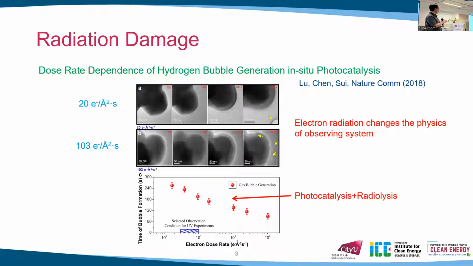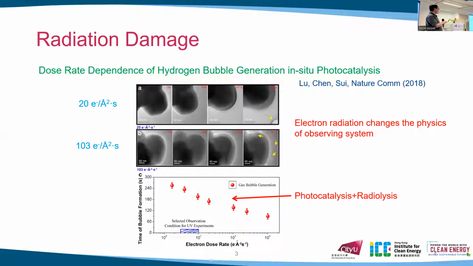One is radiation damage. Here, the example is about the dose rate dependence of hydrogen bubbles generated in an in situ photocatalyst. We put TiO2 nanoparticles into water, and because of the photocatalysis, hydrogen bubbles will be generated. In this experiment, they found the bubbles are generated faster if we use a higher electron dose rate.